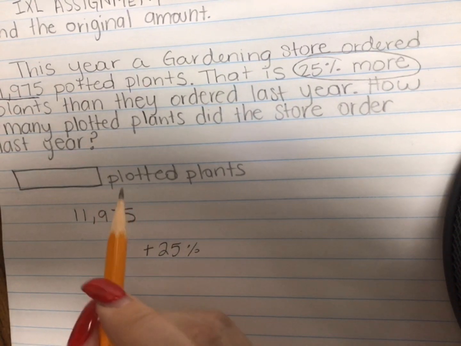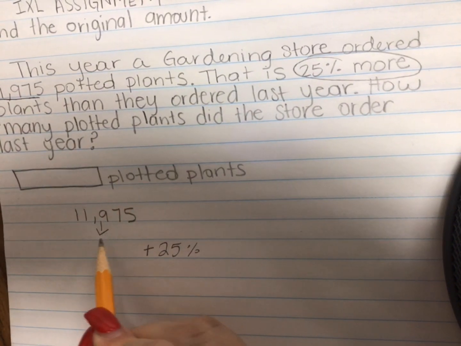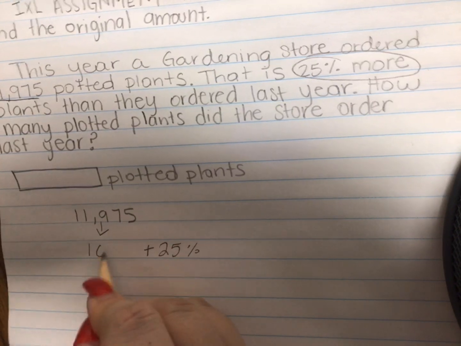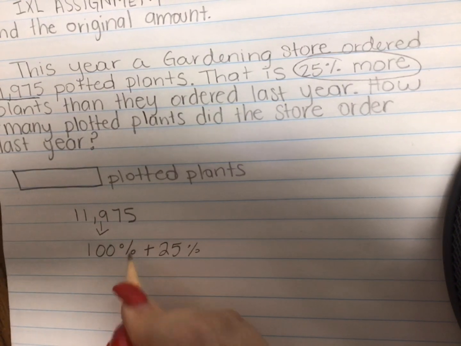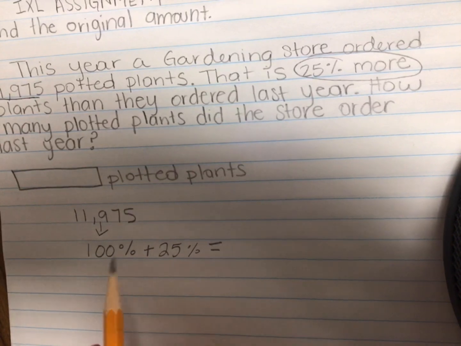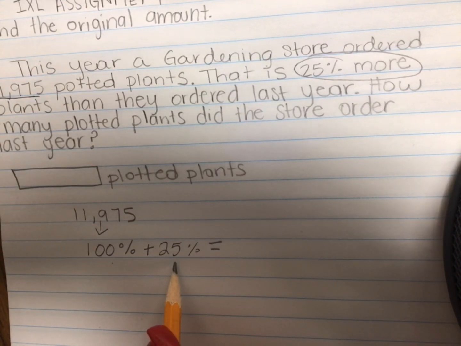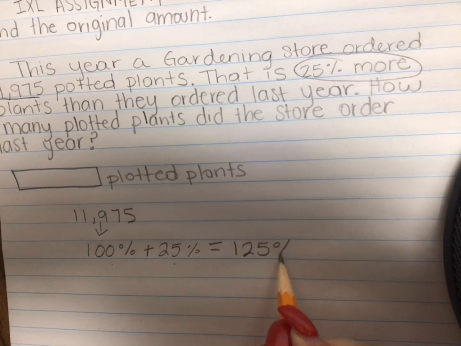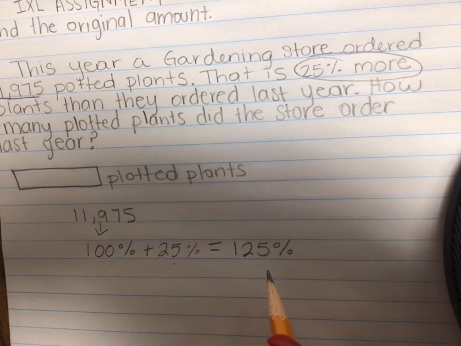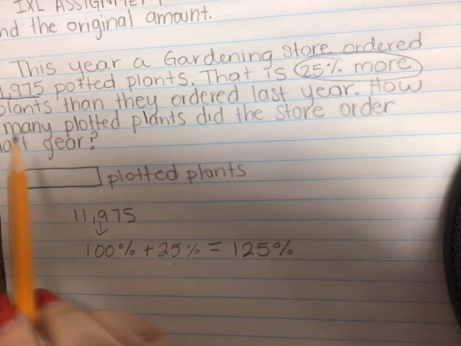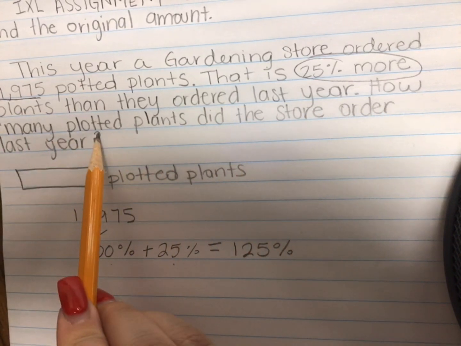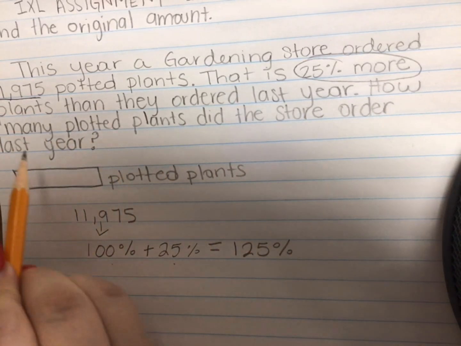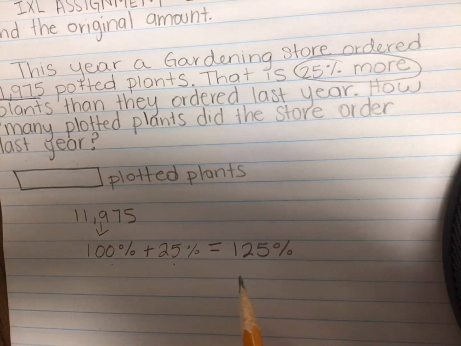Plus 25%. This 11,975 represents the 100% that they have this year. So 100 plus 25 is 125% in total. But you want to get how many plants did they plant last year?